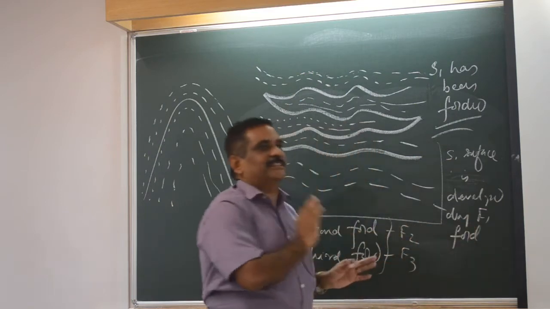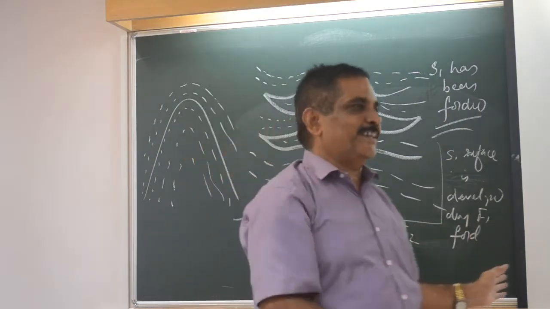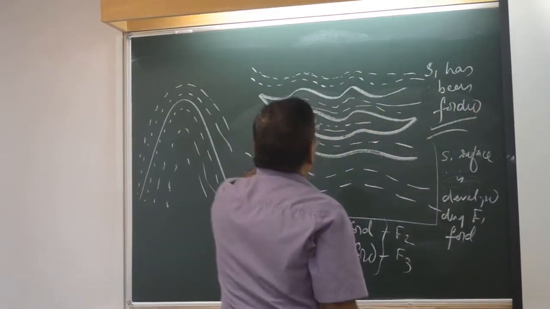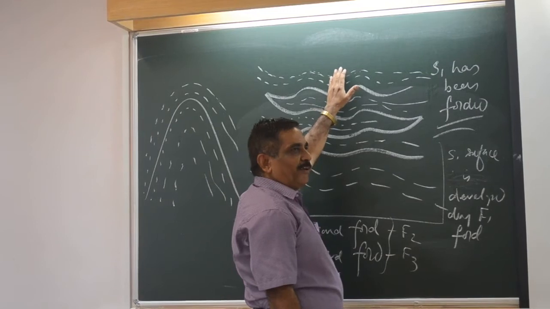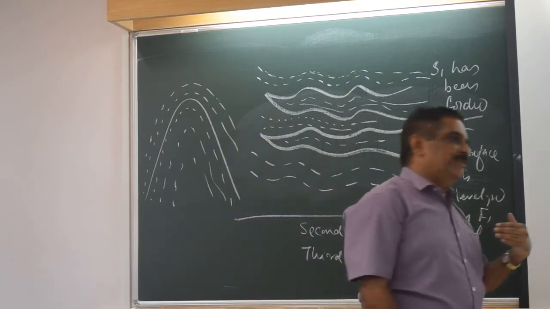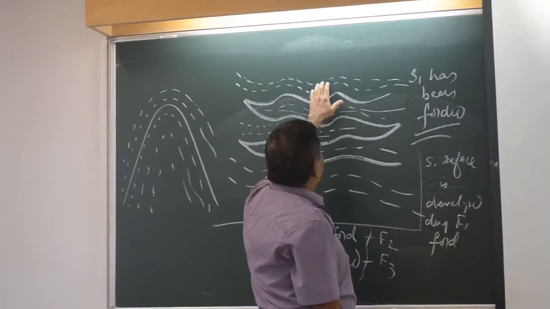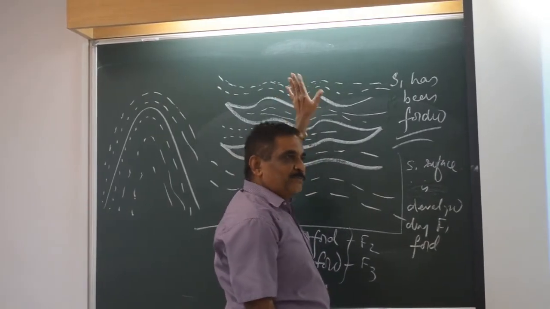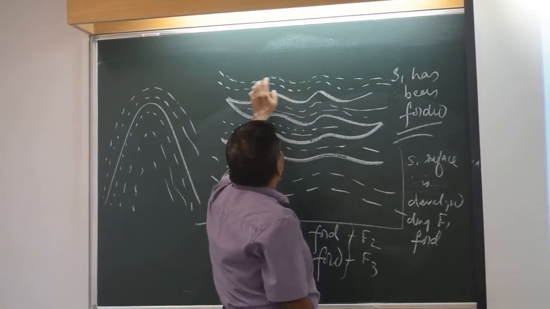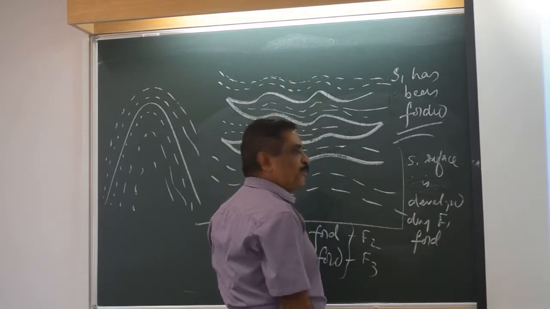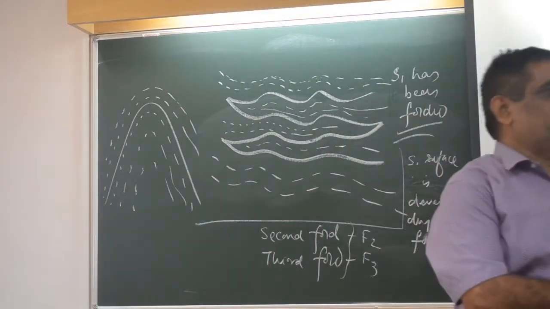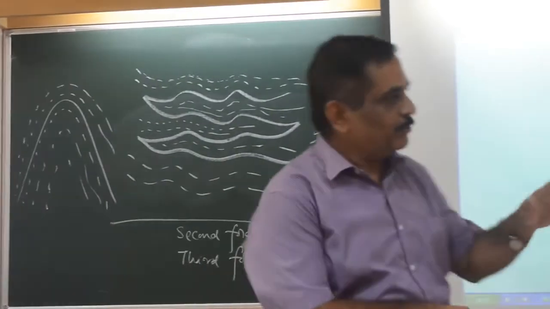Unless you understand this logic, see, this fold you are getting, which is developed on the folded S1, cannot be an F1 fold. The first fold in the area, it just cannot be this fold. So the folds which you are seeing may be an F2 fold, maybe an F3 fold. How it is F2, how it is F3, we will discuss later.